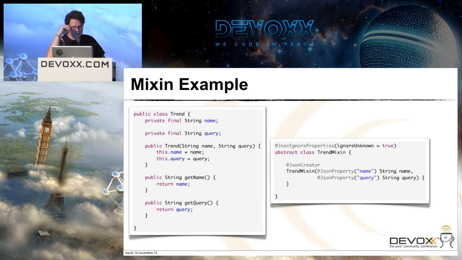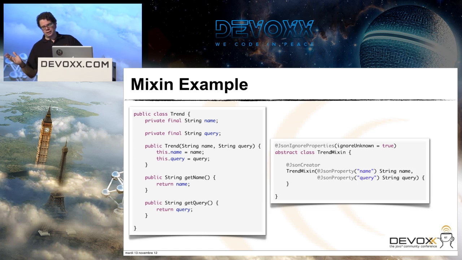It's a standard Java class that comes from the Twitter module. It's the definition of a trend in Twitter. We have the name of the trend and the query linked to the trend. We have the constructor and the getters for name and query. I don't have any mapping on that.